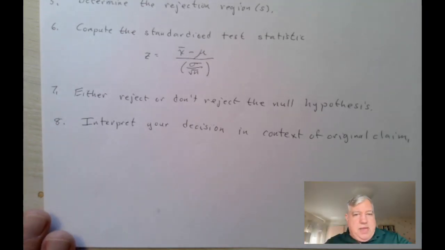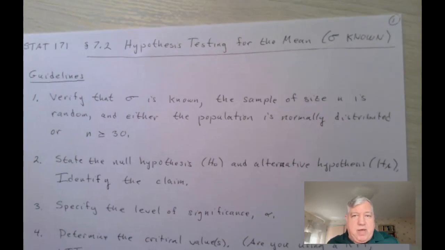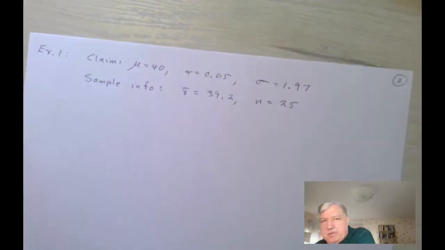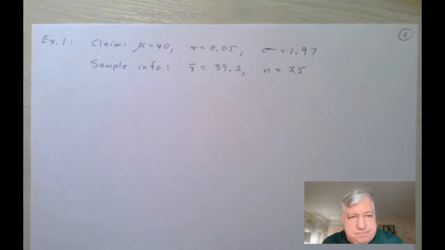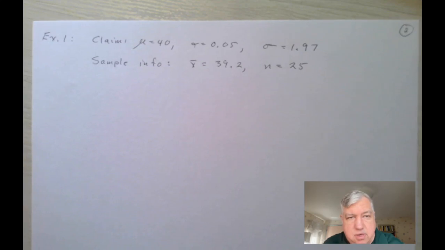So those are the 8 steps to evaluating a claim about a population mean when sigma is known. So let's just do a few examples here. In example 1, you want to evaluate a claim that mu is 40.